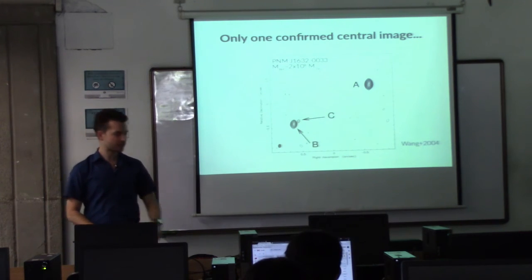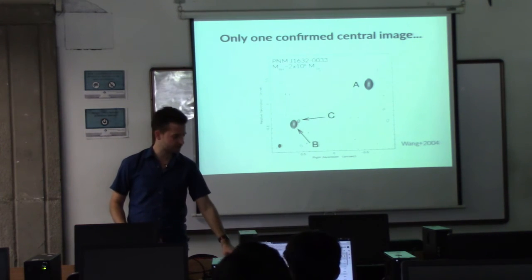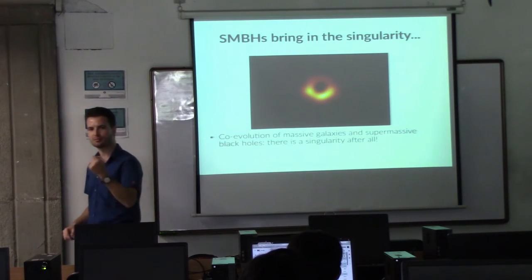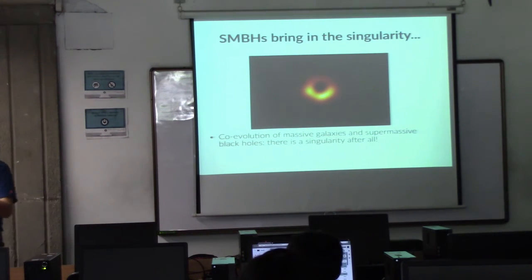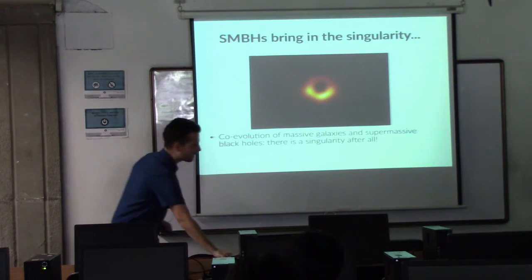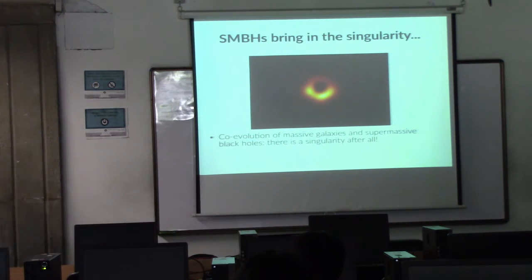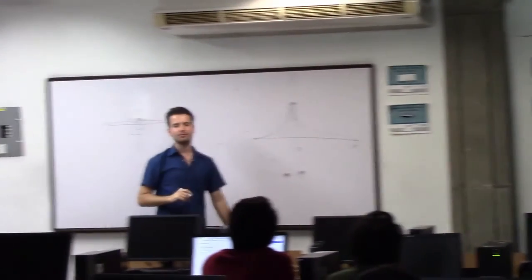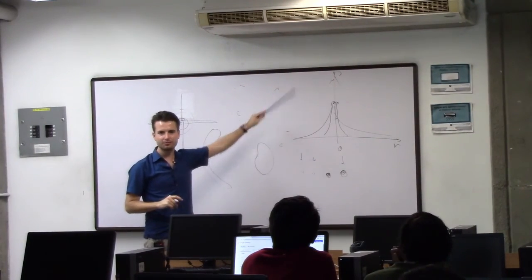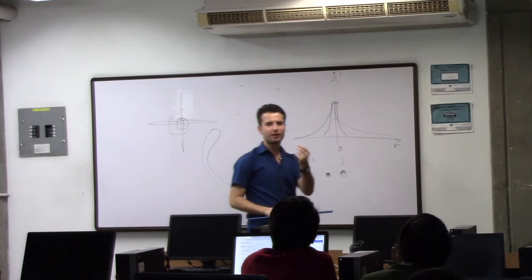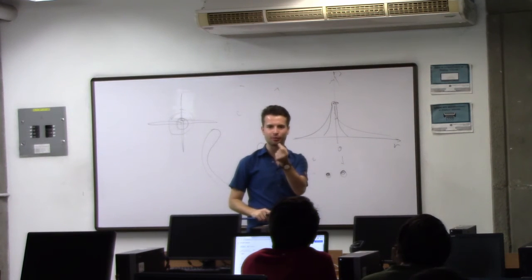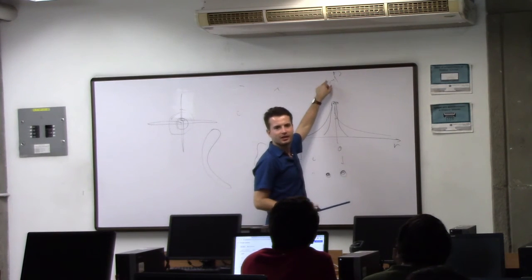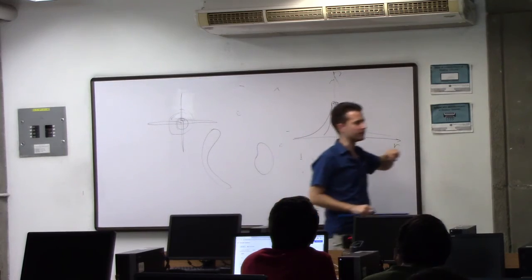It's because there is actually a singularity in the center. There's a supermassive black hole in the centers of these galaxies that allows you again to have a density going up to infinity, because it's lots of mass really in a single point.